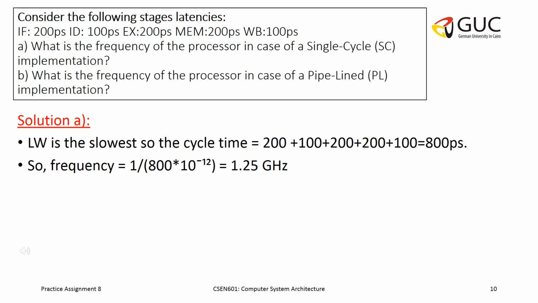So the difference between the pipelining and the single cycle is that in the single cycle, all the 5 stages are done in one cycle, and we should have all of them finished in order for the next instruction to come in and start its implementation. So that's the frequency for the single cycle.